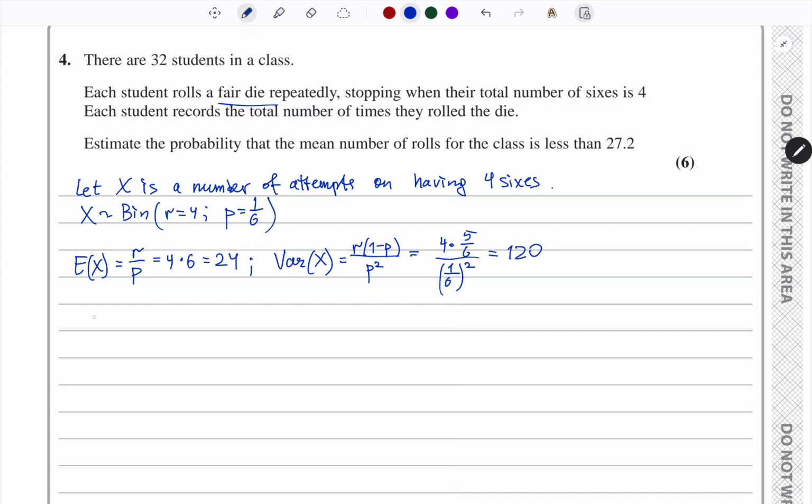This is the variance. Then we consider the sample, because we're talking about the mean number of rolls for the class, for all 32 students. So X bar is the sample mean.